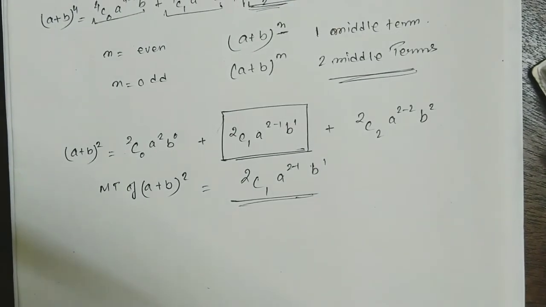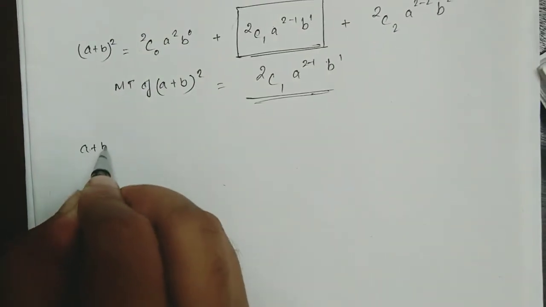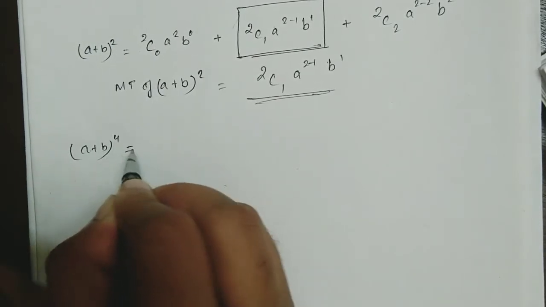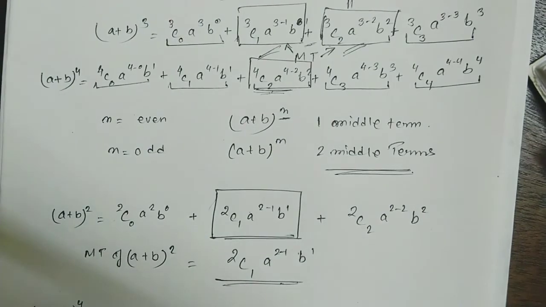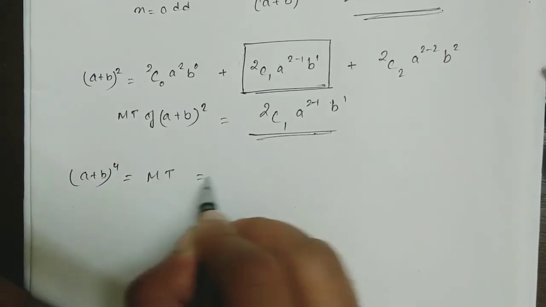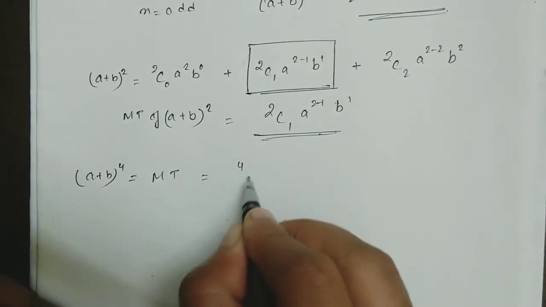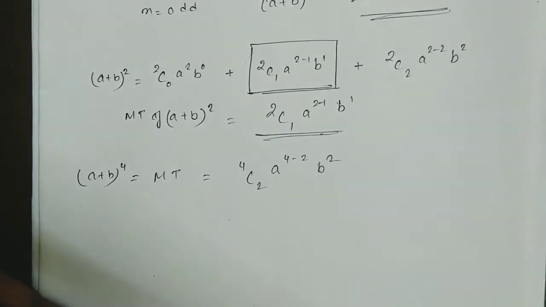Now we will try to understand for (a plus b) whole to the power 4. You can see that at this place this was the middle term, so let me write it over here. The middle term would be 4c2 a^(4 minus 2) b square.